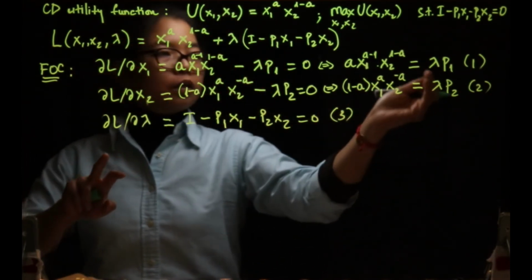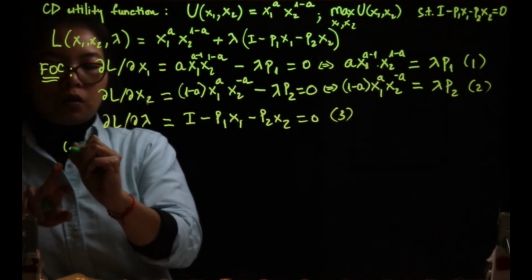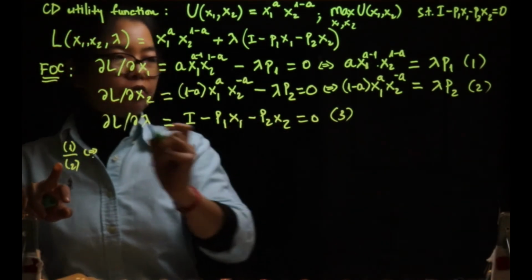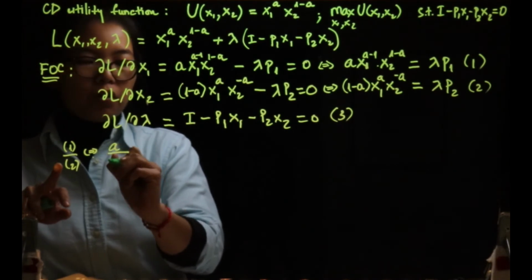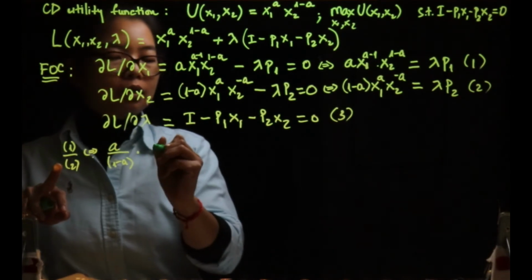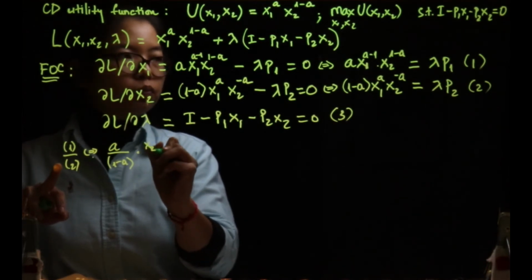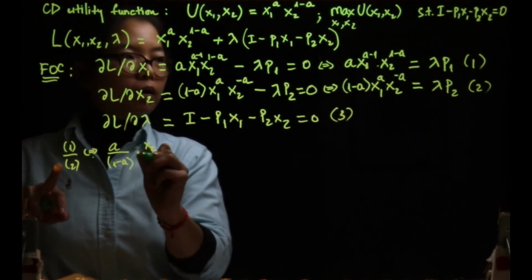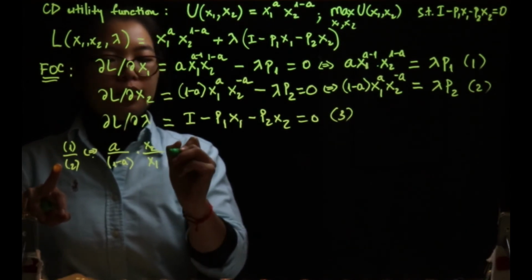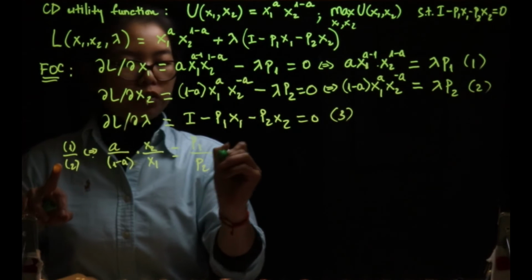So let's do it. When you divide equation 1 over 2, you would have a over 1 minus a times x2 over x1 equals p1 over p2.